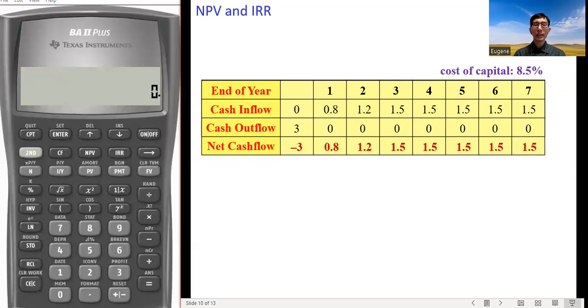And then we can enter this into the calculator. Activate the cash flow worksheet by pressing the CF button. Clear all the work. And we start with CF0, -3.